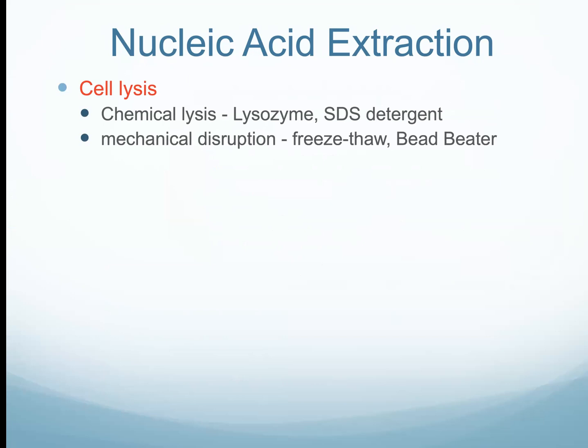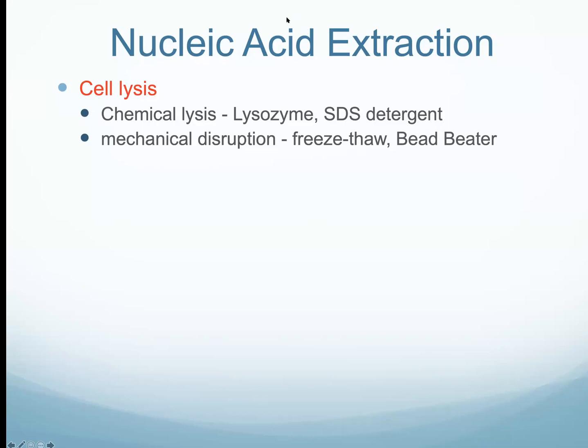You can either use enzymes like lysozyme, which works particularly well with gram-positive cells, or you can use detergents. SDS is a very commonly used detergent. But just like the detergent you use on your dishes, it's going to break down lipids, like the fats in your food. Here, we're breaking down the lipid bilayer and bursting the cells that way.